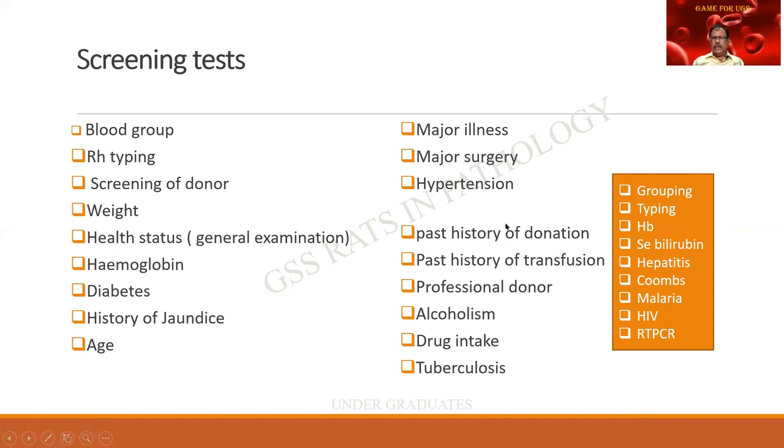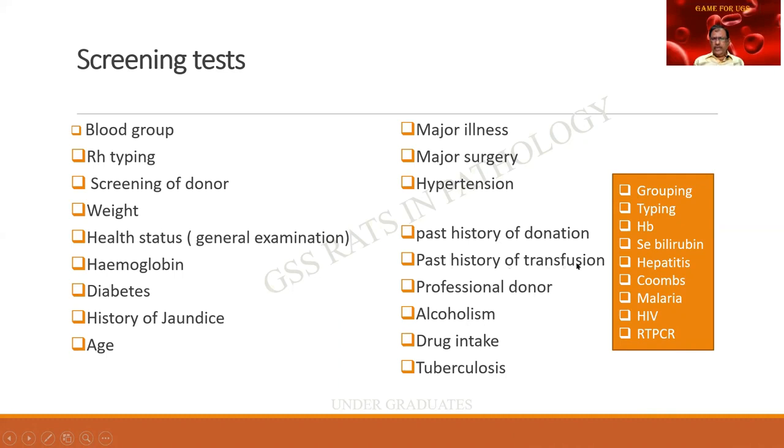There is an entity called commercial donors. They donate blood for the sake of money, take the money and go to a liquor shop for alcohol. These are commercial donors. So we should find out when they had given. If it is within a period of 6 months, it is not recommended.